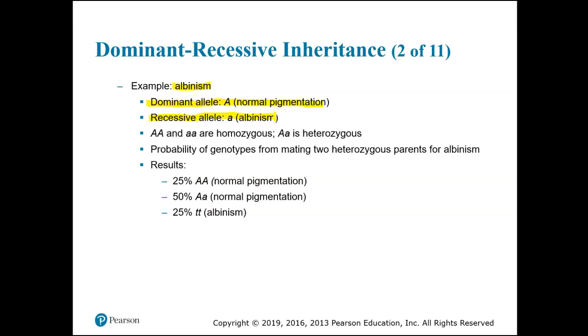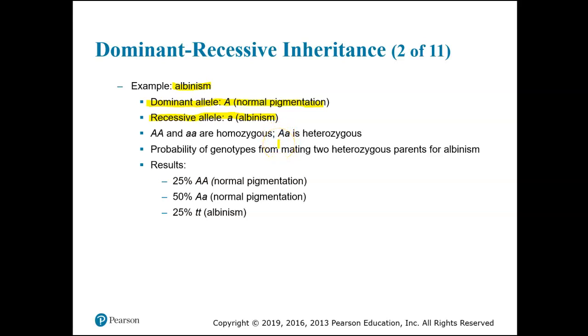All right, so if a person inherits 2 big A's, they're homozygous dominant for normal skin pigment. If they inherit a big A and a little a, they're heterozygous, but they're still going to have normal skin pigmentation. It won't be a blend. The little a will have no effect on their skin pigmentation. That big A is dominant.